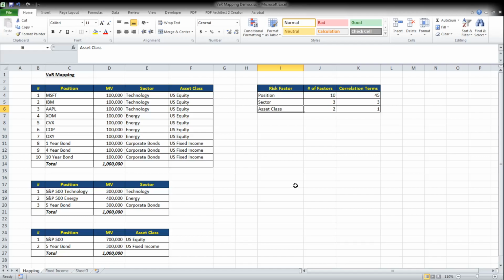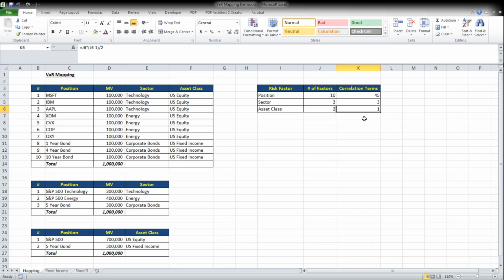But the biggest advantage by far is that you gain speed and efficiency. The number of correlation terms required drops significantly as you map the number of positions to a smaller number of primitive risk factors. Number one advantage is that you gain speed and efficiency.